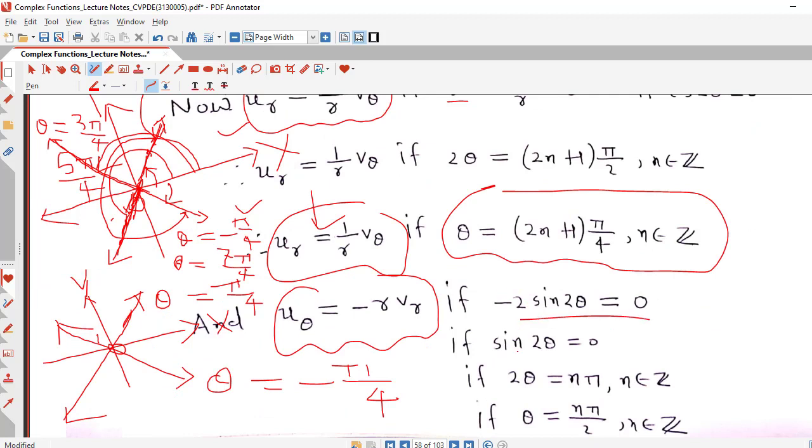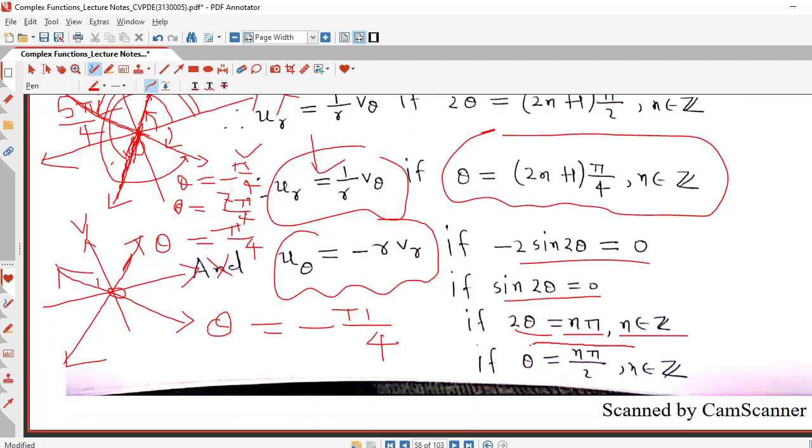So this is true if sin 2θ is 0, and sin 2θ is 0 if 2θ is a multiple of π for any integer. That means if θ is a multiple of π/2, then this equation is satisfied, and n belongs to Z. For n equal to 0 we obtain θ equal to 0.